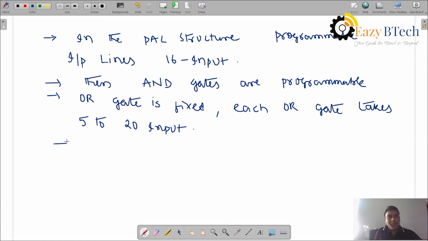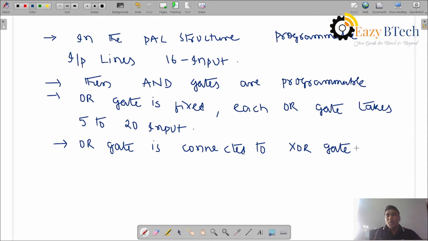The OR gate output is connected to an XOR gate.